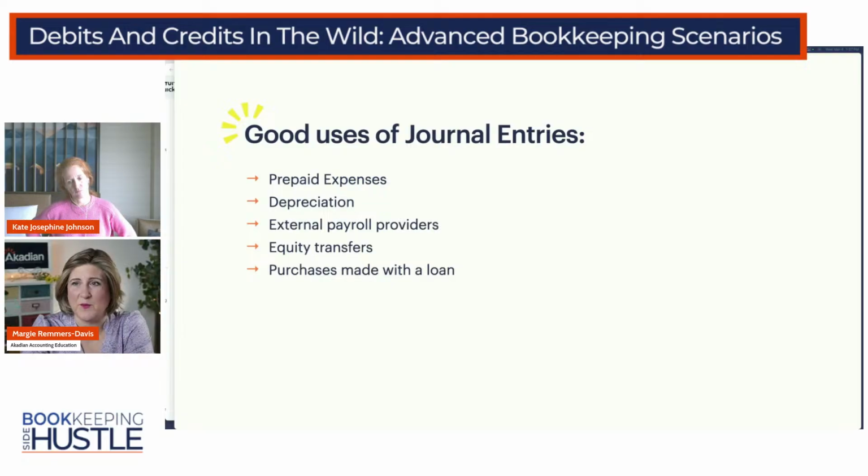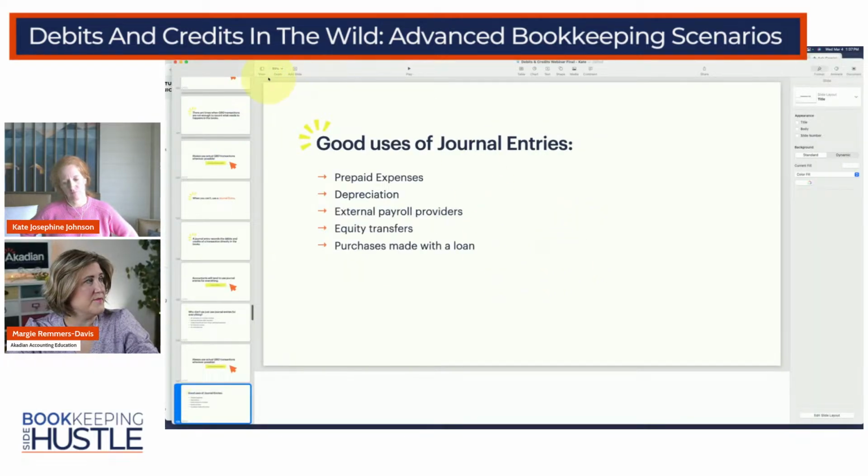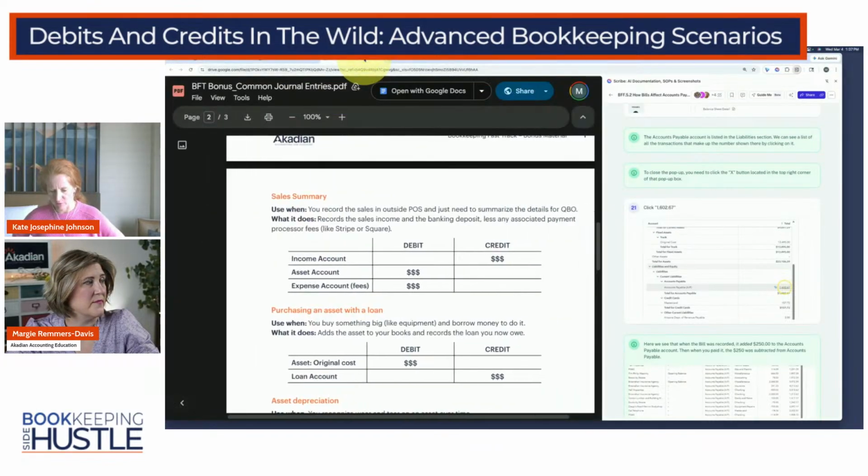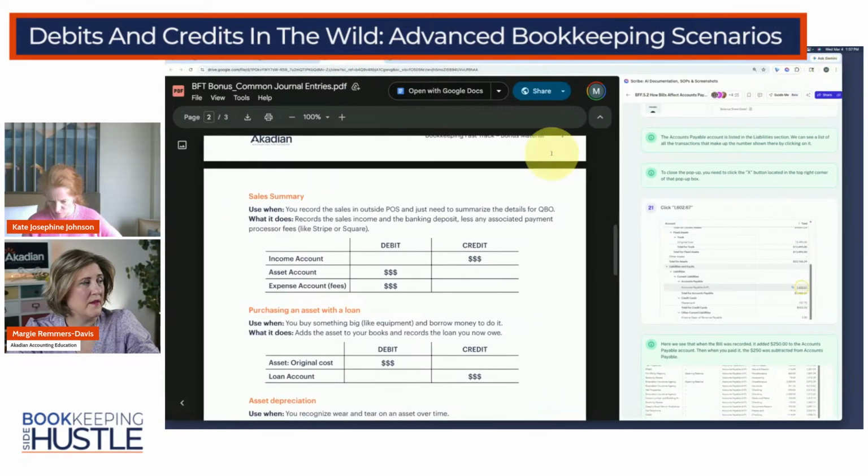If you purchase it any other way, it's already in QBO. But if you purchase it with a loan, then you have to set up the loan via a journal entry. All righty. So let's take a look at that handout. I put the specific journal cheat sheet handout right in the chat too, for those watching live. It'll be again on our regular resources as well.